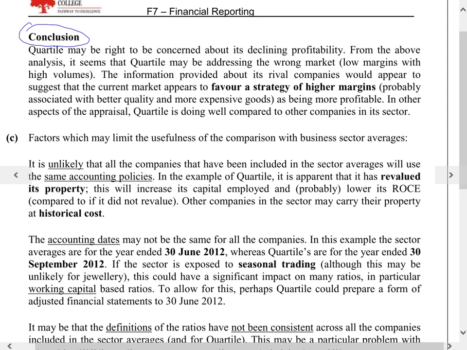And information provided about its rival suggests the current market appears to favor a strategy of higher margin. Sell more, fewer customers, make more money. But this conclusion here, nobody probably thought of this. You can think of one and just put it in. Is it okay?